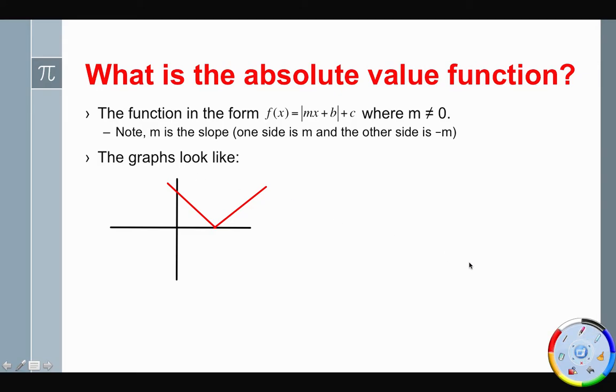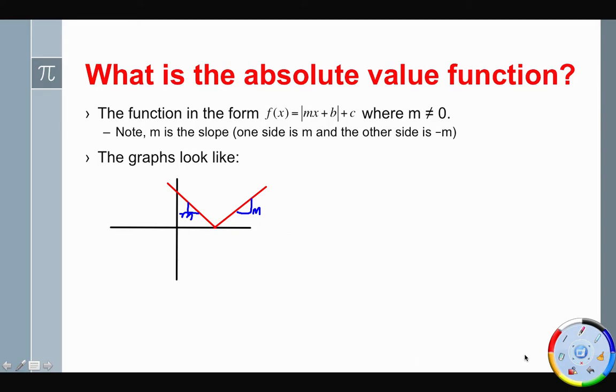If you want to make a note here, one side of this line has a slope of m, and the other side has a slope of the opposite of m. So one could have a positive slope on one side and a negative slope on the other side, but the absolute value of the slopes are the same.